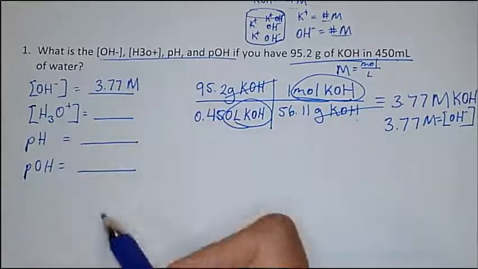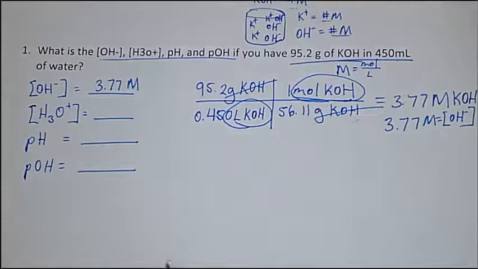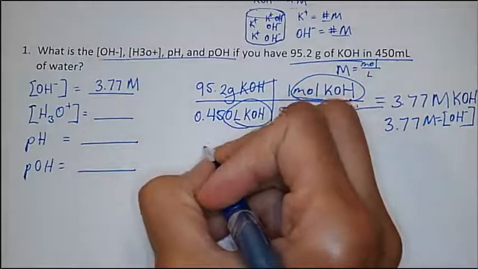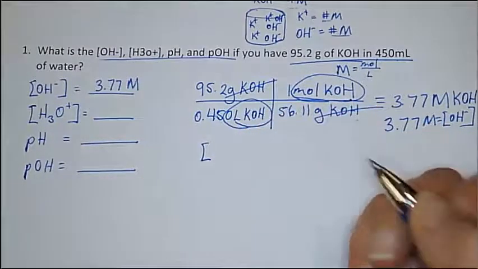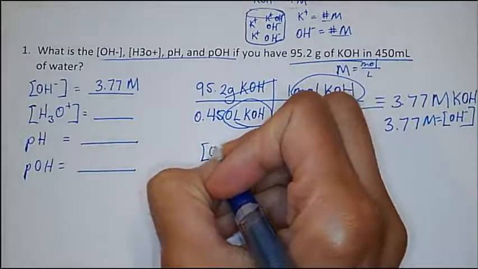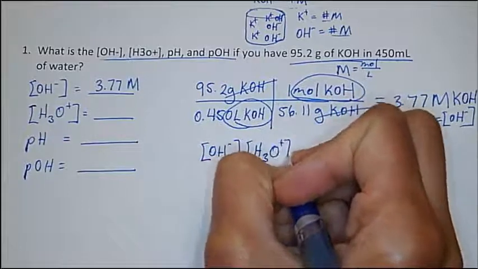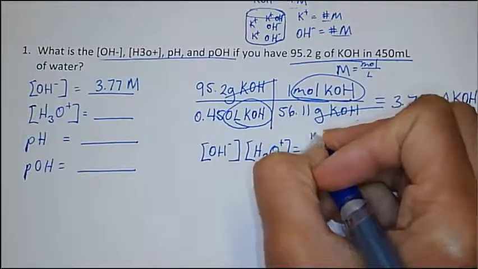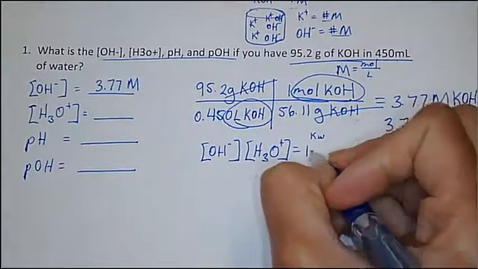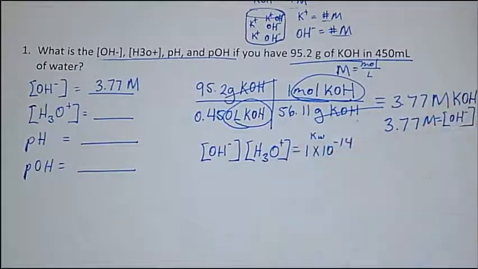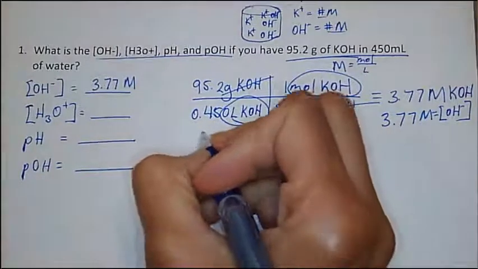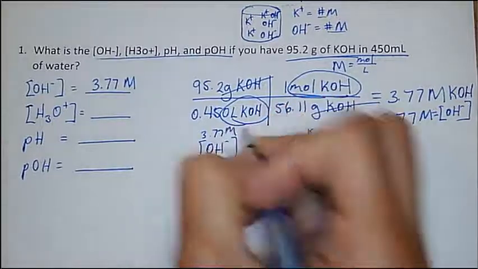Now, after this, you know how to do it. If I want to solve for a hydronium ion, well then I have the Kw value that I can use. And this is really hydroxide ion concentration times hydronium ion concentration is equal to my Kw value, which is 1 times 10 to the negative 14. Okay? And I can substitute 3.77 molarity.